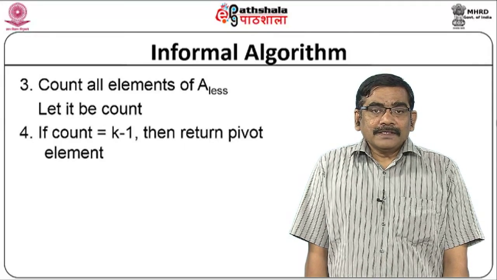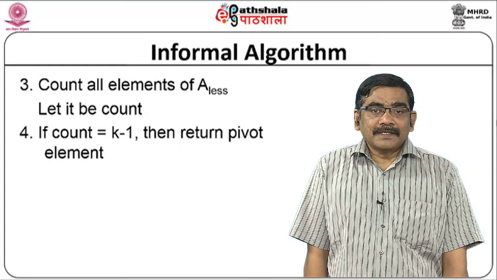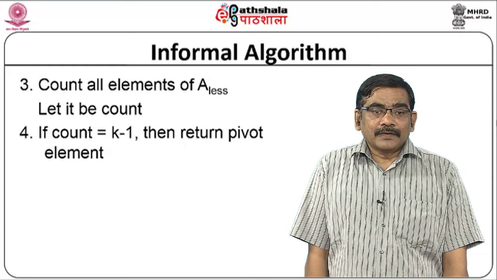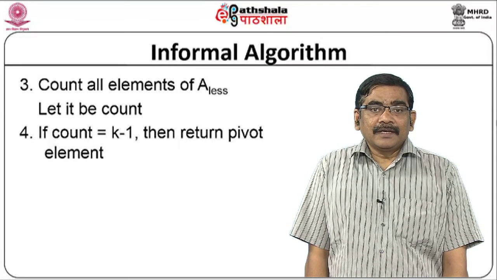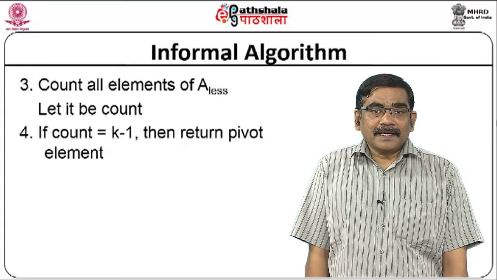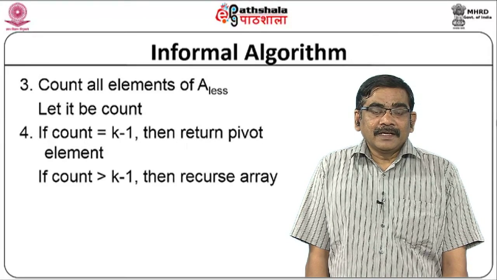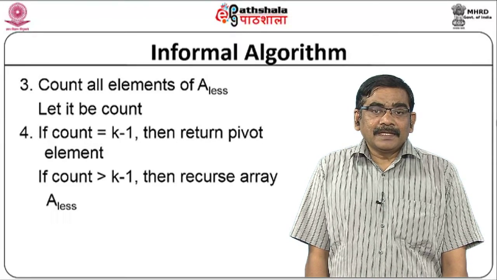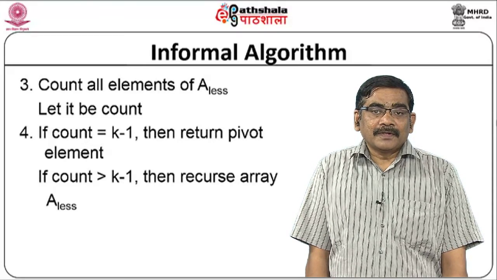Once all of this is done, we count all the elements of A less, and it is going to be a variable called count. If count is equal to k minus 1, where k is the kth smallest element being sought, then the pivotal element is the answer for this problem.